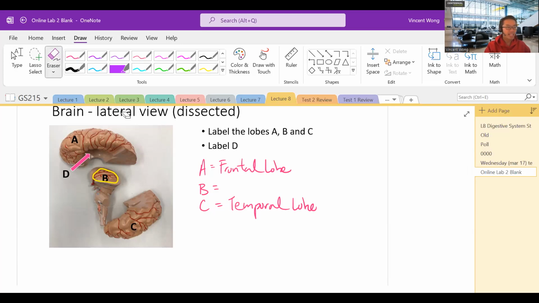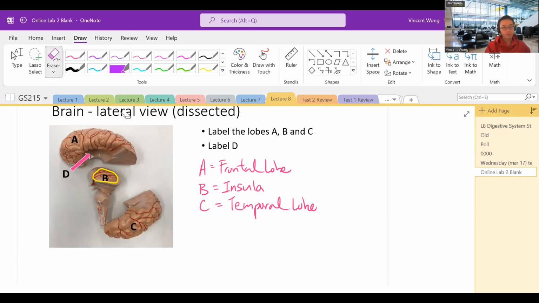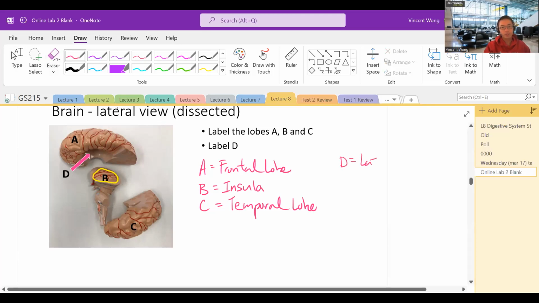Okay, that's where taste goes. The insula. You might remember that. So here it is again, D. That is the lateral ventricle.